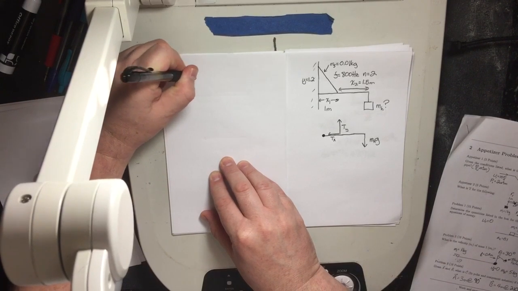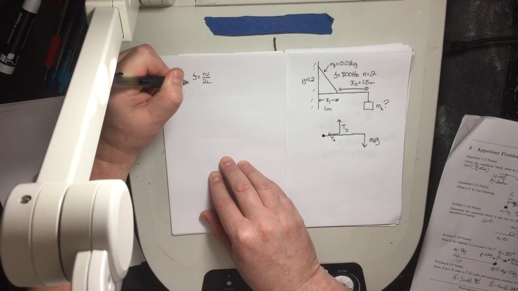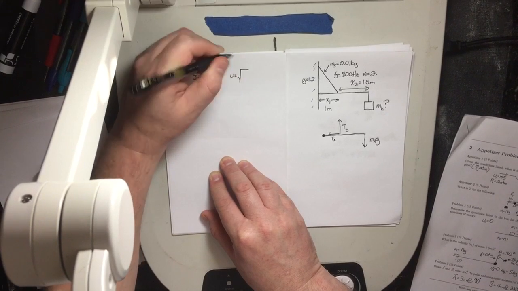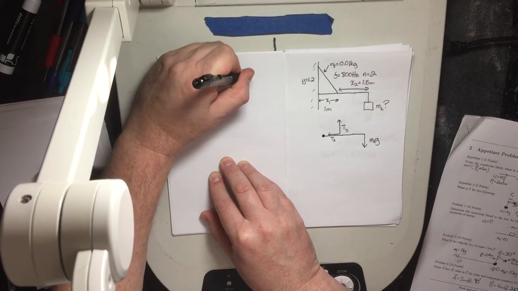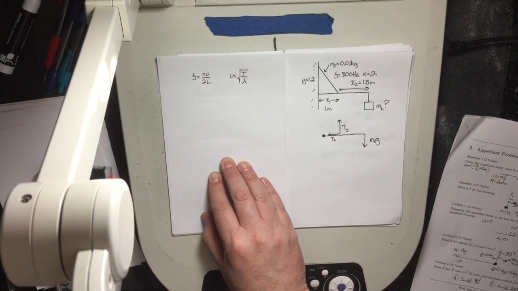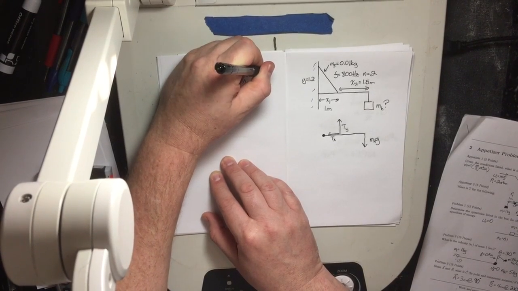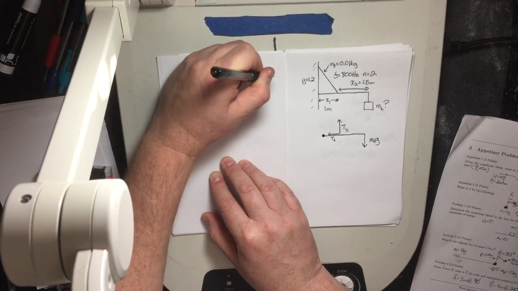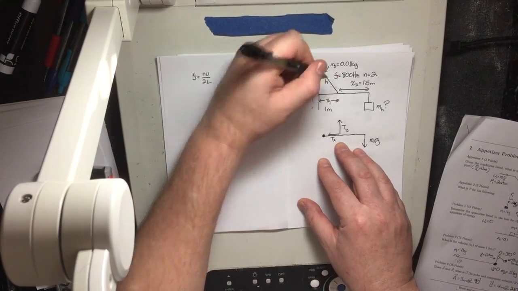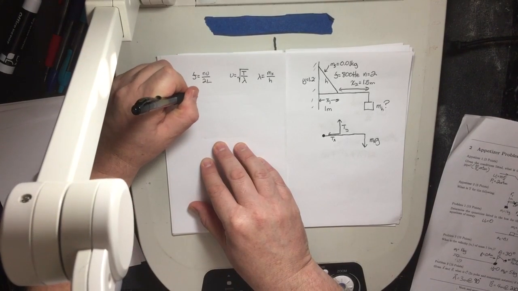You know that for a string, f equals nv over 2L. V is the square root of the tension in the string divided by linear mass density, and linear mass density is the mass of the string divided by the length, which we will call the hypotenuse. So substitute.